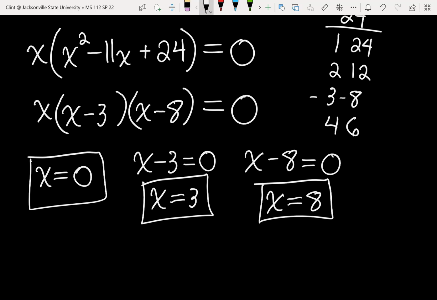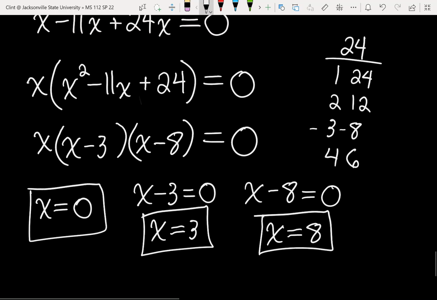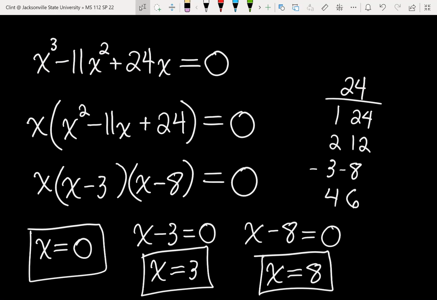You may or may not already know this, but if you're trying to have an idea of how many solutions you're going to have, there's a theorem for that. The short version is whatever the biggest exponent of x you have, that's the maximum number of solutions you can have.